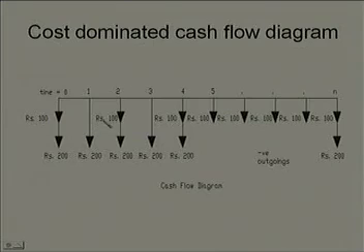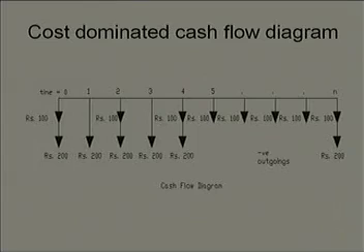Just look at this slide. Whatever problem we are going to solve in future in construction economics, which requires the use of time value of money, you will find that they come under broadly three types of cash flow diagram. The first example is shown on your screen, that is called cost dominated cash flow diagram.